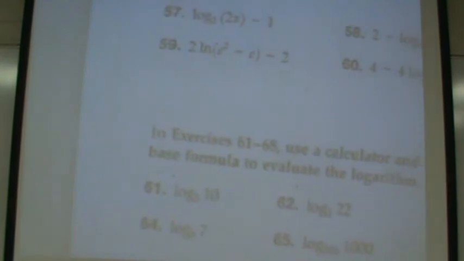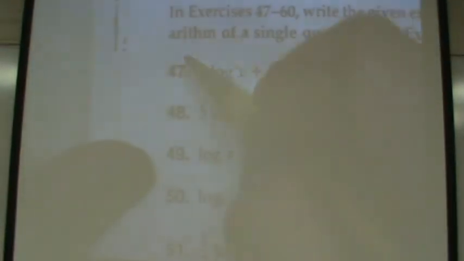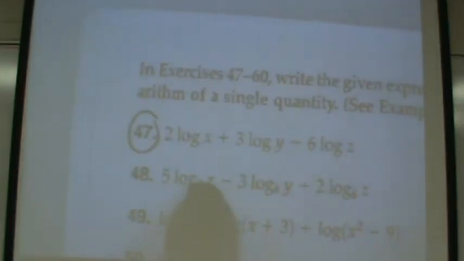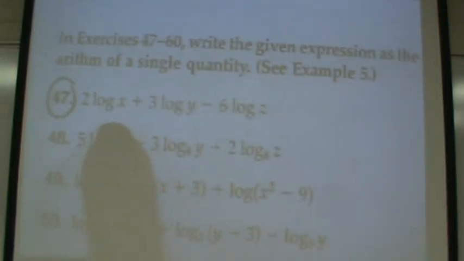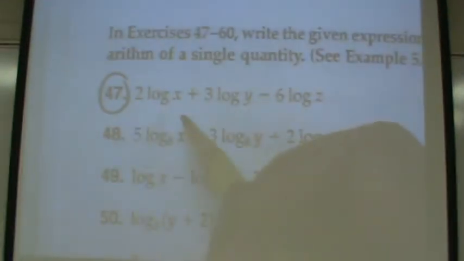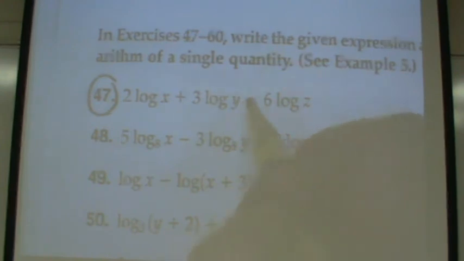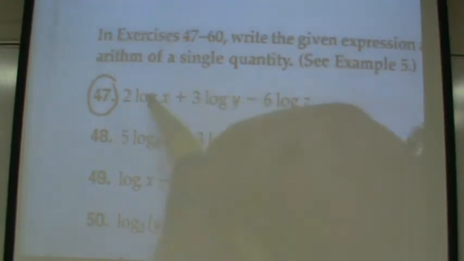And then the back side, it's writing it as a single log. So look at 47. It looks like a lot more than what it really is. For 47, how would you write this as a single log? This 2 is going to be this power, this 3 is going to be this power, the 6 is going to be this power, and that's a division problem, and that's a product.